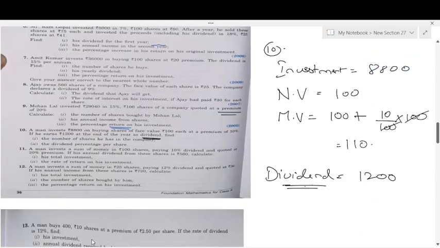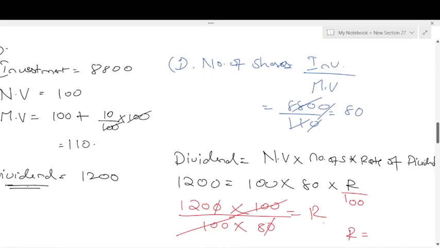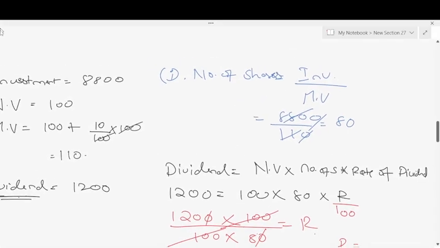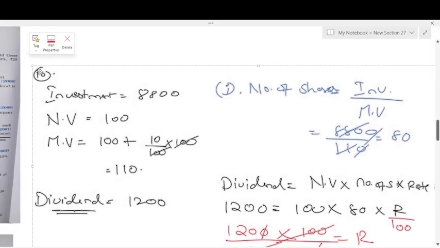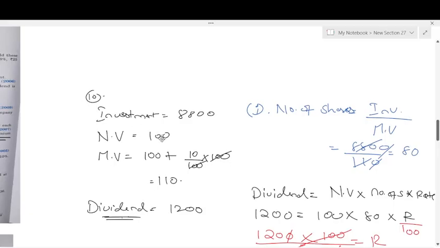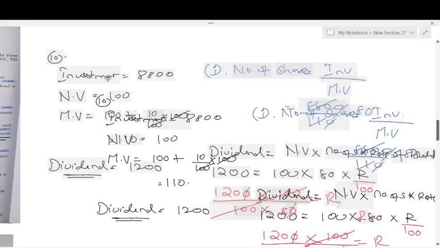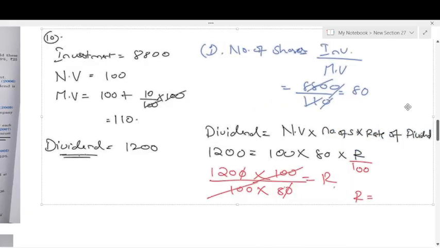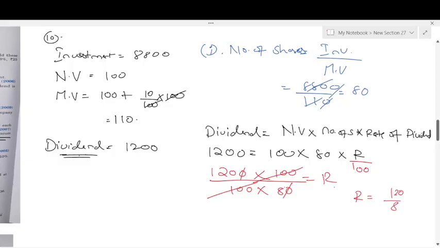Rate of dividend. What have they asked here? Dividend percentage per share. So instead of writing rate, write dividend percentage per share. Whenever they talk about dividend percentage, it is rate of dividend, students. Remember that. Dividend percentage per share. Calculate this. 120 divided by 8.